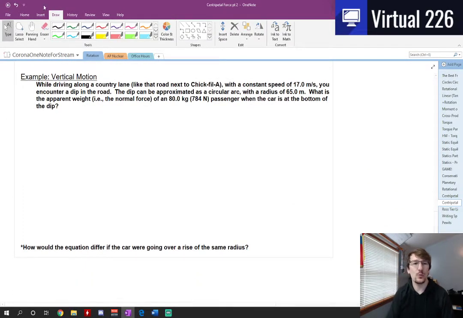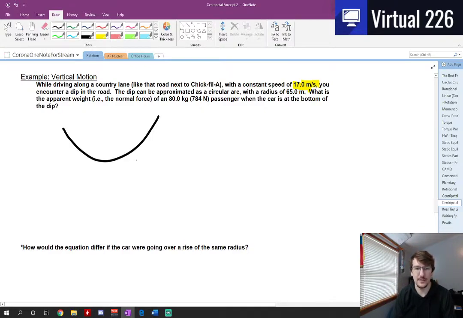So if we're going along this Chick-fil-A road at a constant speed of 17 meters per second, and we encounter a dip in the road, we're going to approximate this dip as a circular arc, despite the fact that I did not draw it as such.